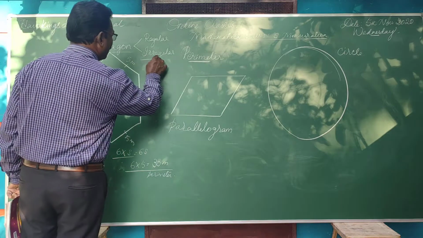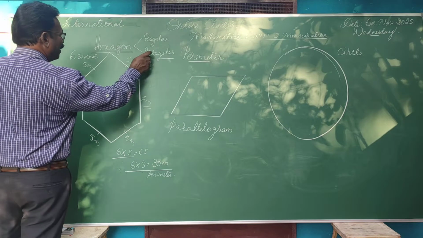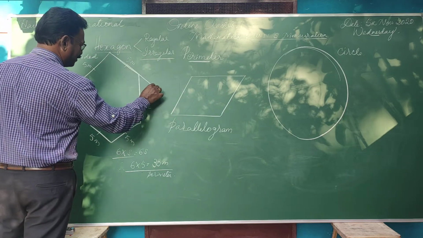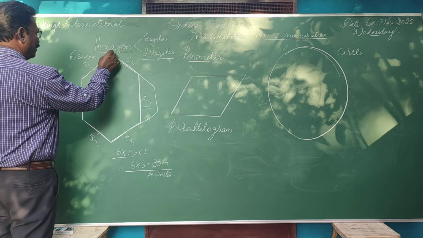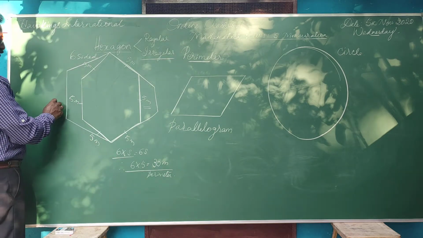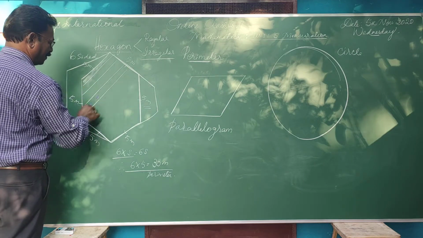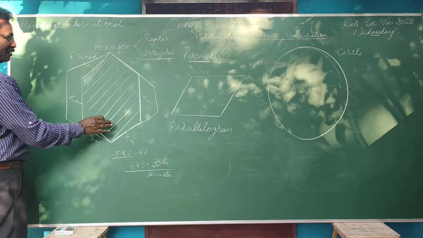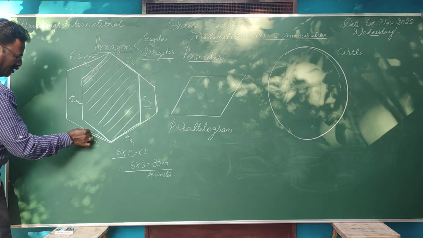What about irregular? If it is an irregular hexagon, the sides may be different. Suppose this is like this. Only this boundary.